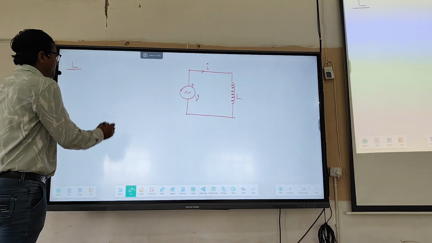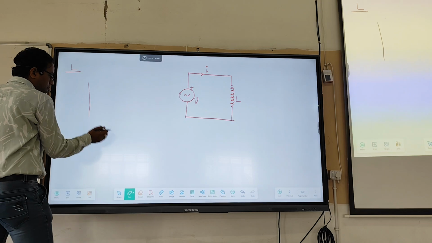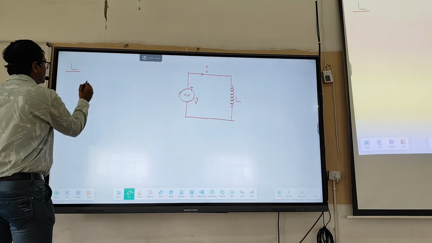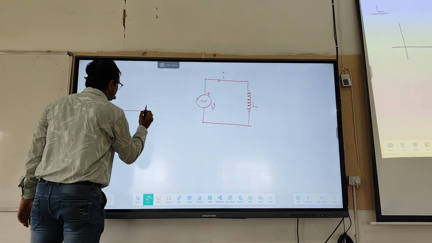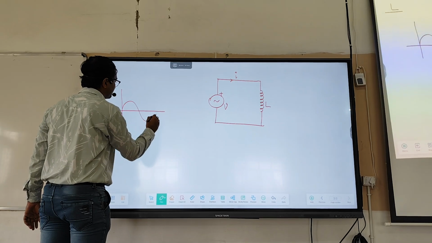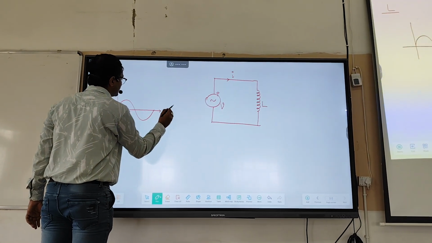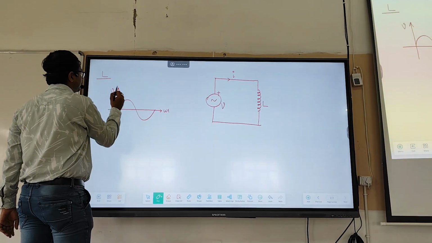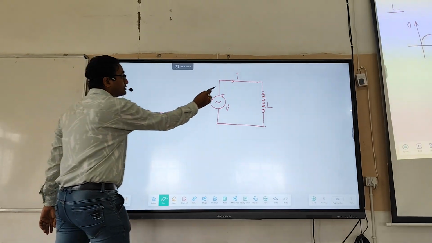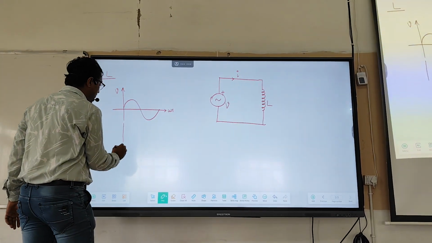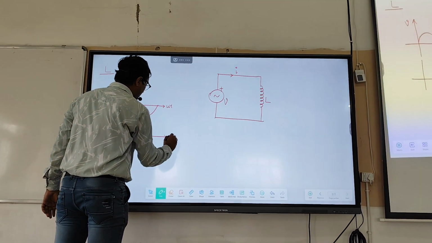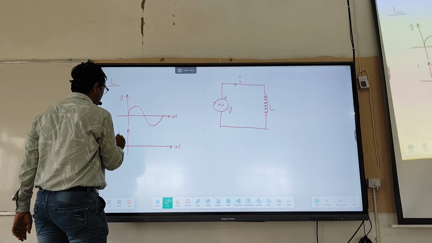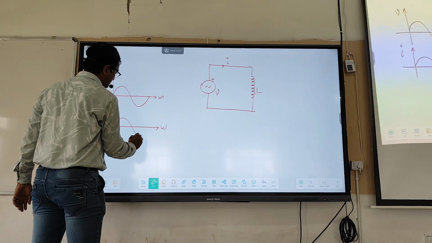This voltage source is a sinusoidal voltage. This is omega t and this is V. Whatever current it will give is also sinusoidal.